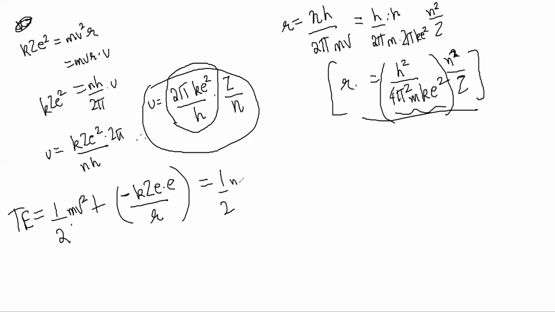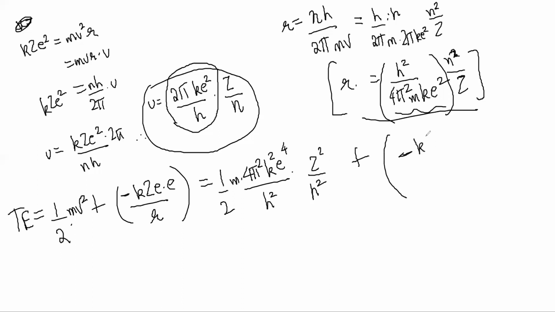So this becomes half m v square, where v square is 4 pi square k square e power 4 by h square into z square by n square, plus minus k z e square by the radius, which is h square n square by z, and this goes on top, 4 pi square m k e square.